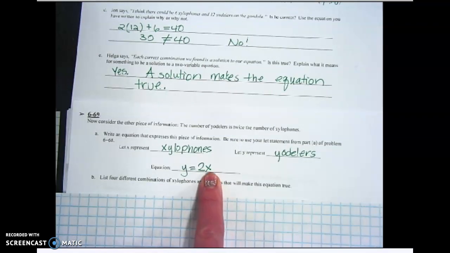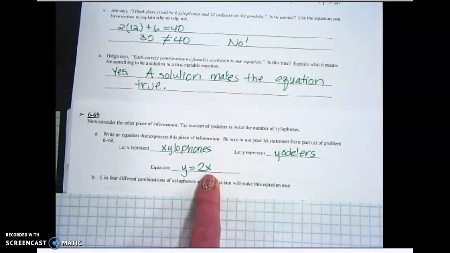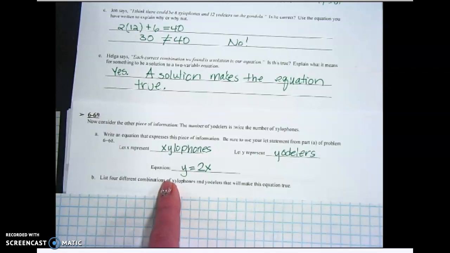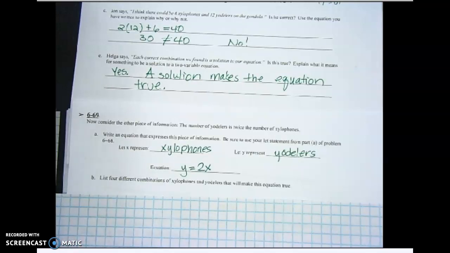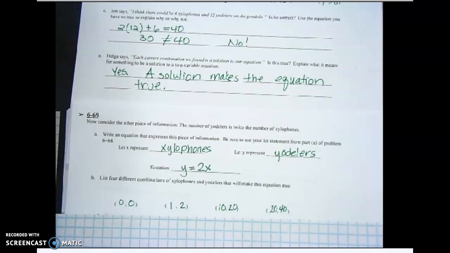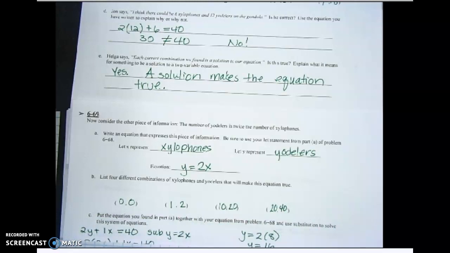What if I put in 3 for x? What will I get for y? 6. What if I put a 9 in for x? What will I get for y? Okay, so you're going to write down how many? 4 different combinations. 4 of them. Write that on your paper right now. 4 different combinations. All right.